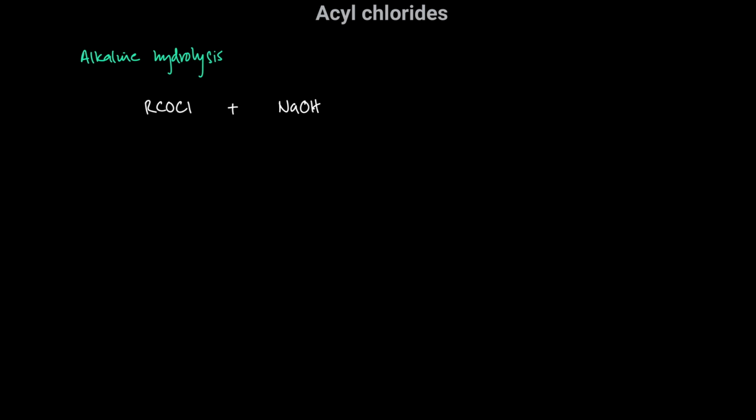In this case, instead of a carboxylic acid, we'll have a salt of the carboxylic acid, because sodium hydroxide is present. So we'll have RCOO minus Na plus, that's the salt of the carboxylic acid. And instead of HCl, we'll have NaCl, and we'll also have H2O, because HCl is also going to be neutralized by the NaOH. So we have NaCl and H2O.